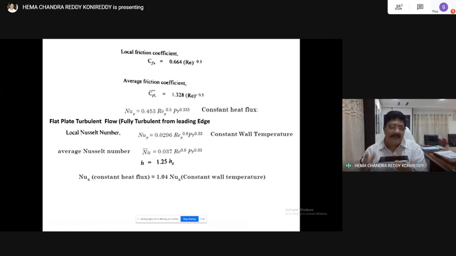That means this plate is either receiving or throwing out a constant quantity of heat per unit area. So if it is 3 meters square of surface area, every meter square releases say 500 watts of heat. So that is a constant heat flux.